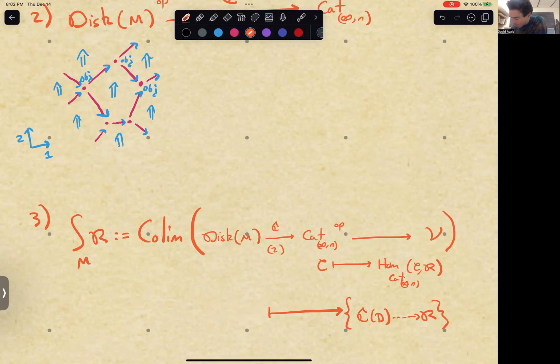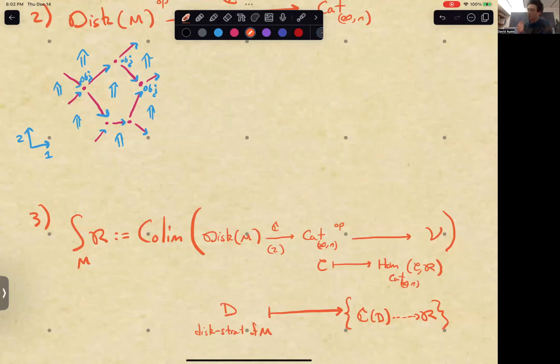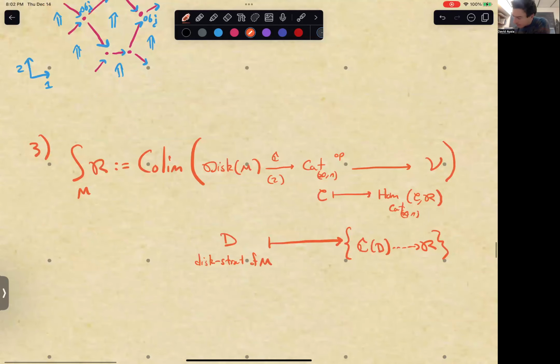Oh, okay, this stratification of M. I see. Right. So this is essentially such a thing here, an assignment of objects.